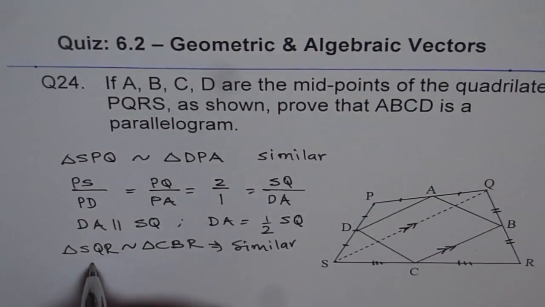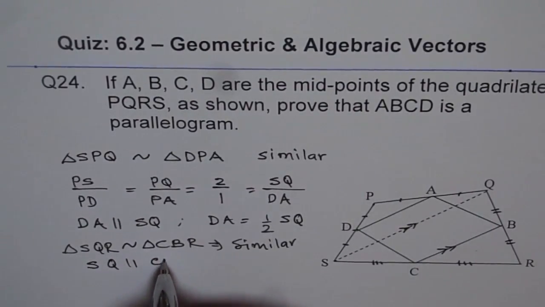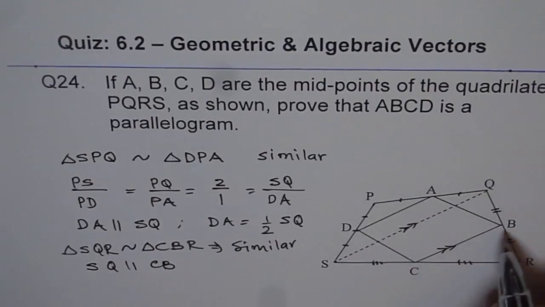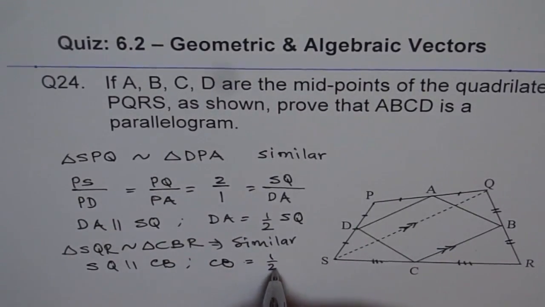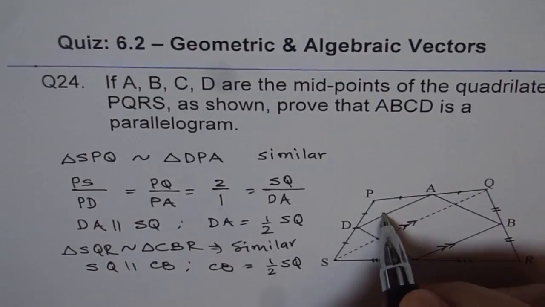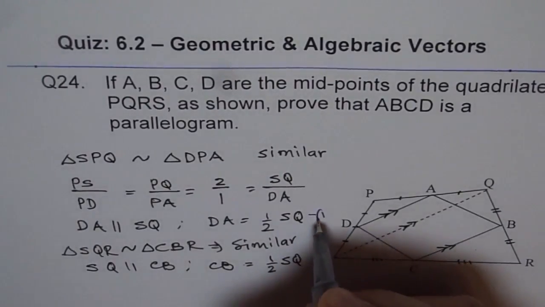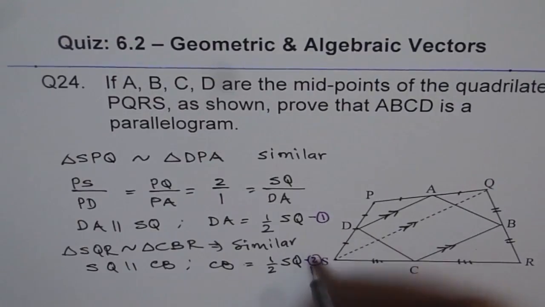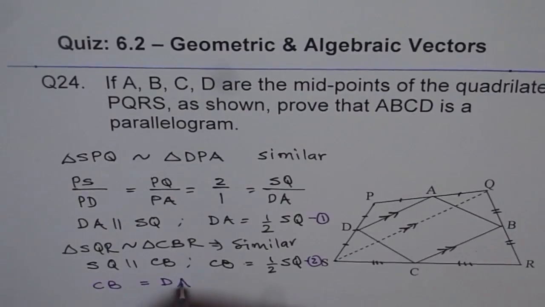So we proved that SQ is parallel to CB, and we also proved that CB is half of SQ. So we have proved that CB is parallel to DA, and CB is half of SQ. Now if you compare 1 and 2, then we know that CB is equal to DA.